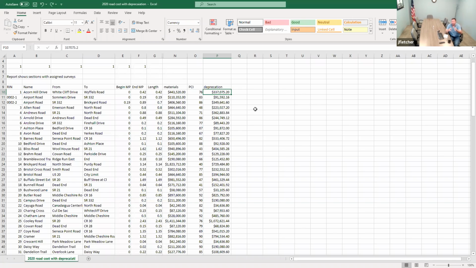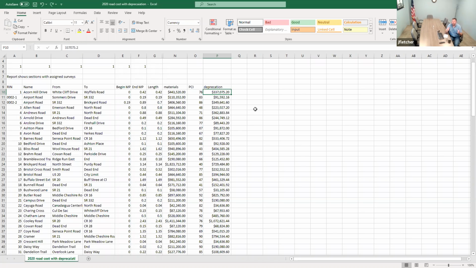I'll use Second Point Road, which has concrete gutters and catch basins. That was $110 a linear foot. If a road has concrete gutters and catch basins, it was $200 a linear foot.